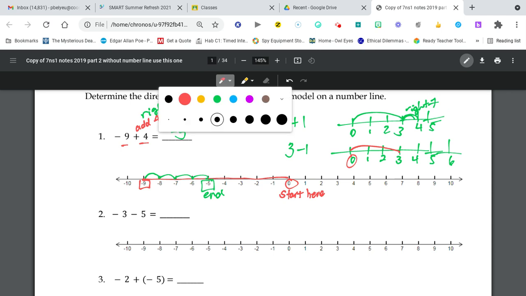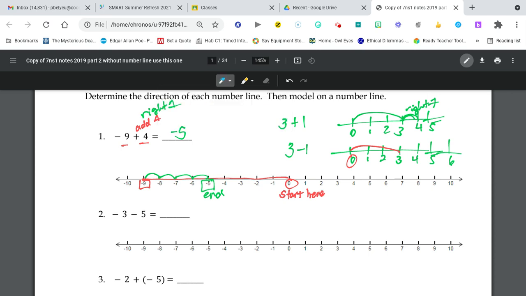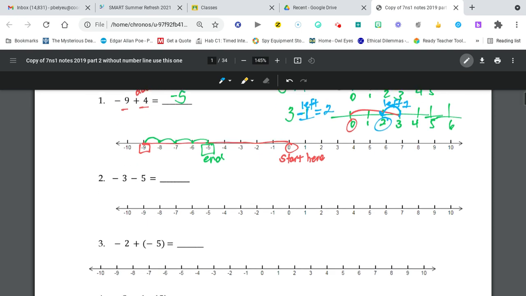But to subtract 1, you don't go right 1. To subtract 1 from 3, you move back to the left 1. That's how you subtract a positive number. And that puts us at 2. Everybody knows that 3 minus 1 is 2. Okay? So to subtract a positive, we go left. Let's keep that in mind when we do number 2.